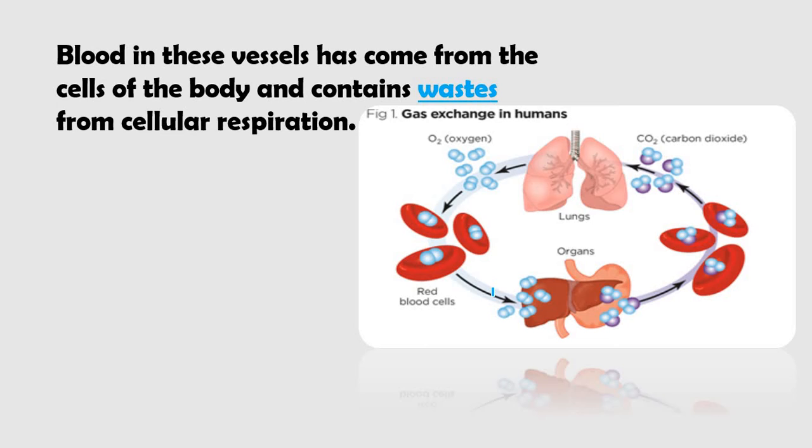Blood in these vessels has come from the cells of all the body parts, and it contains waste. The waste here is carbon dioxide gas, which is produced from cellular respiration. In cellular respiration, all the body tissues and cells take in oxygen and expel carbon dioxide gas as waste, to be taken back by the blood to the lungs to be expelled outside the body.